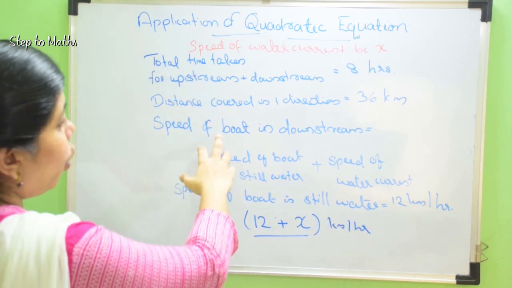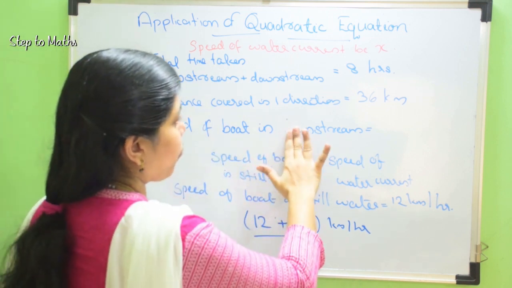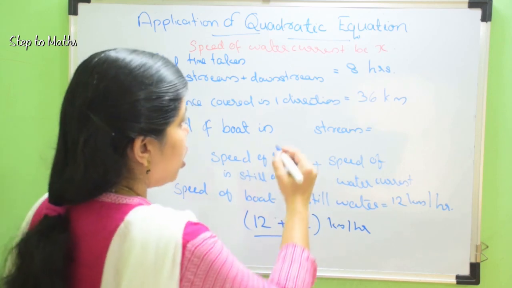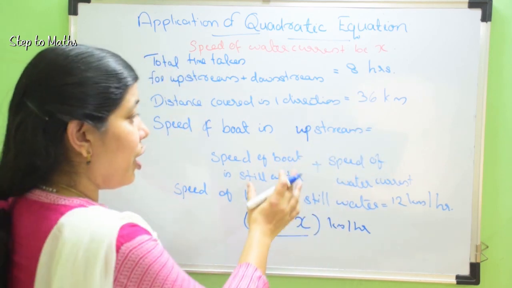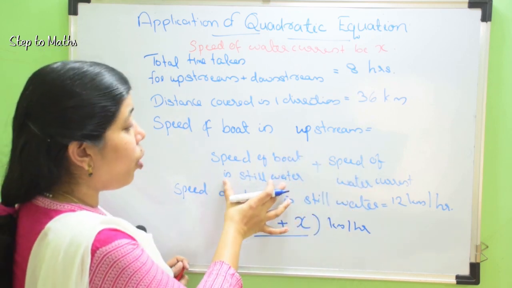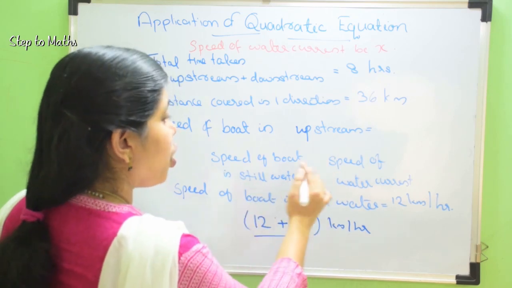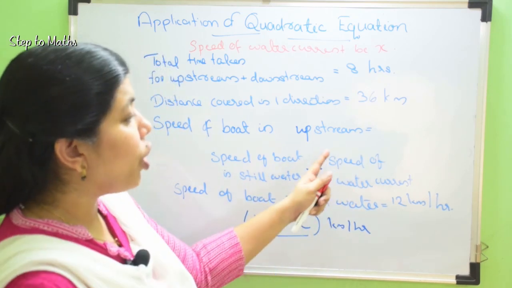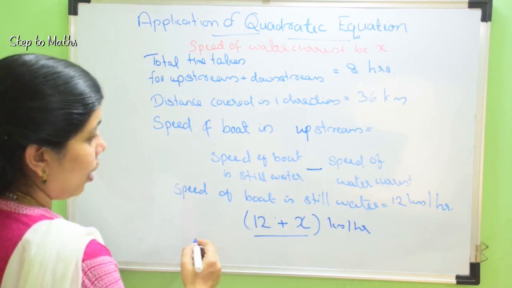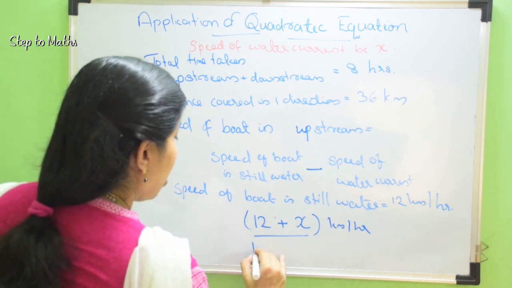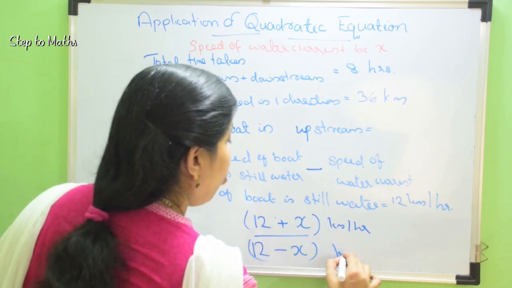Next, we take speed of boat in upstream. That is the difference of the speed of boat in still water and speed of water current, that is 12 minus x kilometer per hour.